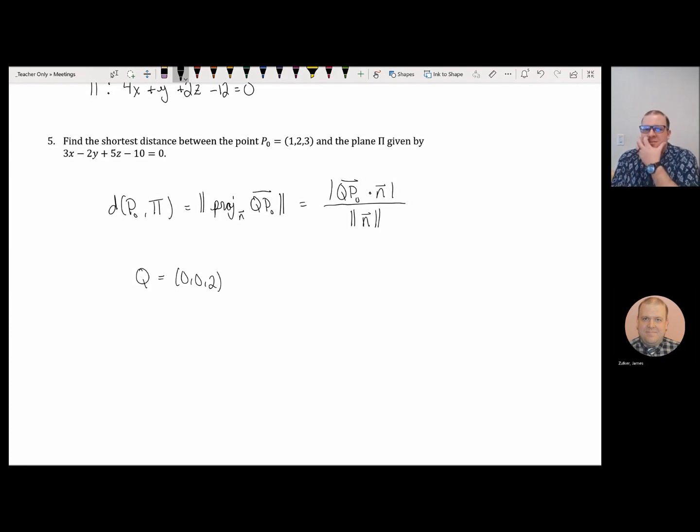Okay. Because Q is a point on the plane, basically any point that satisfies that equation, you can use as Q. I'm going to say that exists on our plane pi.